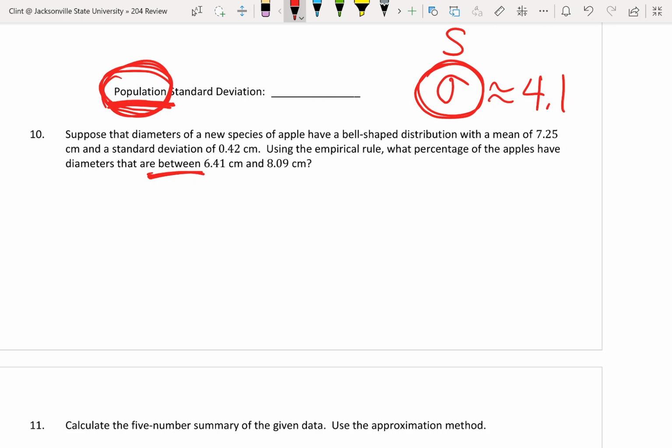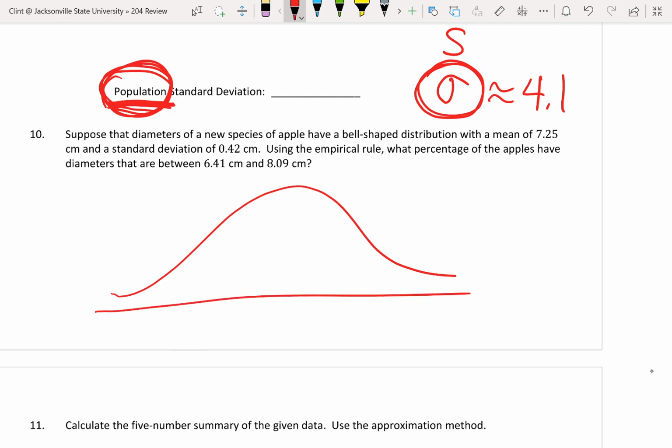Here we just need to figure out between how many standard deviations. So we make our sketch. Our mean is at 7.25, and our standard deviation was 0.42.